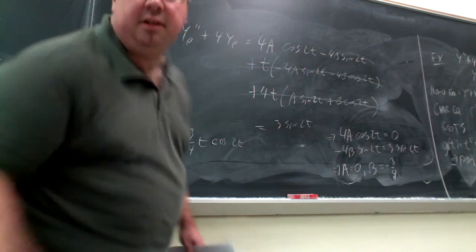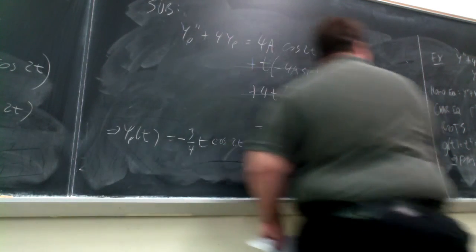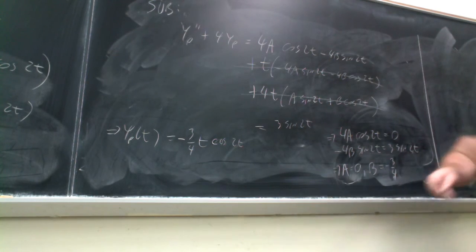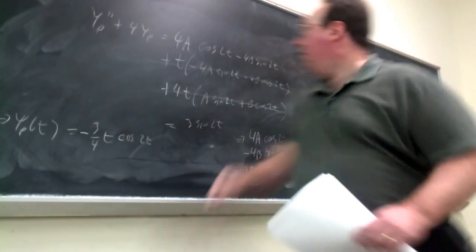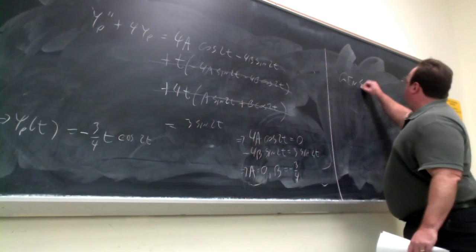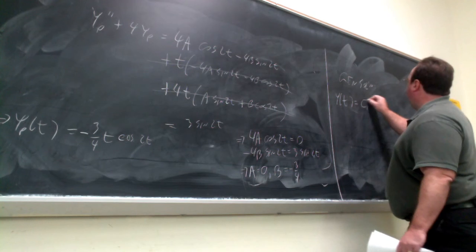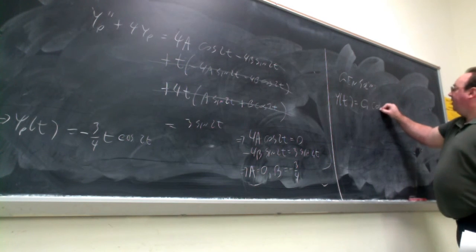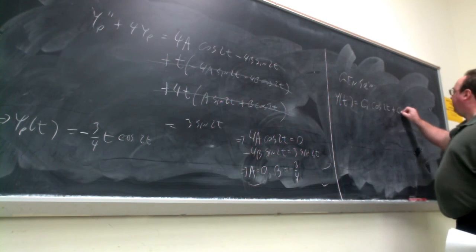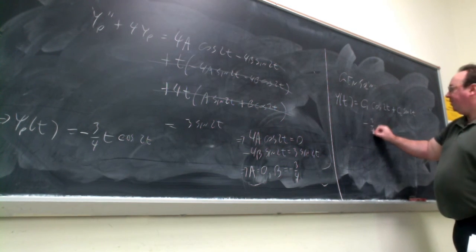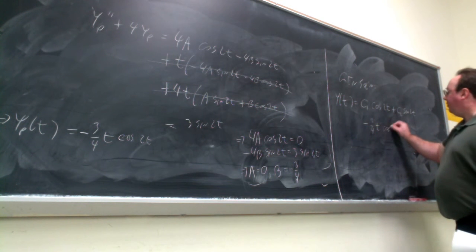So then your general solution y of t is your general solution for the homogeneous equation, which is c1 cosine 2t plus c2 sine 2t, and then you have your particular solution, minus 3/4 t cosine 2t.